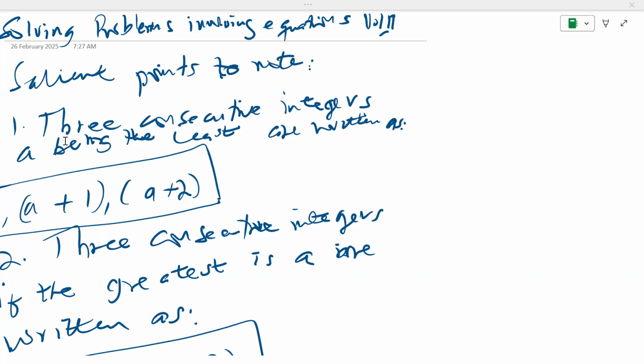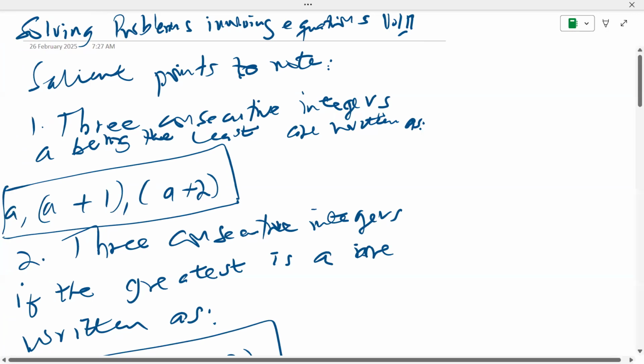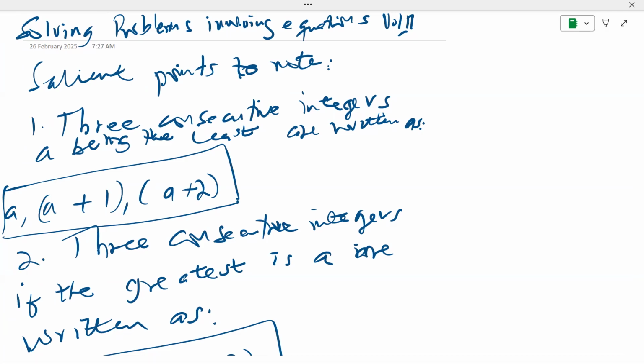So first, 3 consecutive integers, A being the least, are written as... If I have 3 consecutive numbers and I want to write them so that they follow each other, let me pick an example. If I have 2, I can write 3, I can write 4.